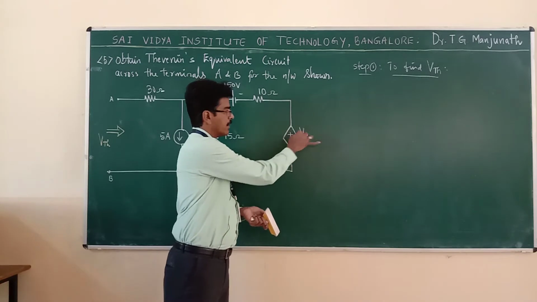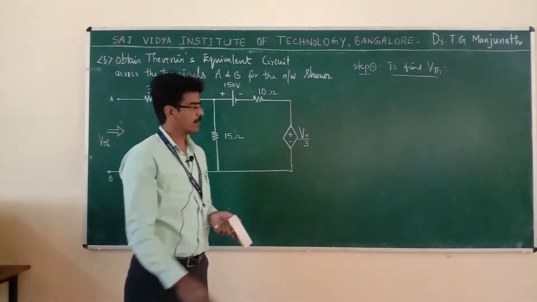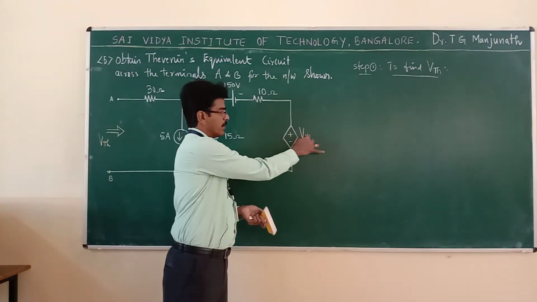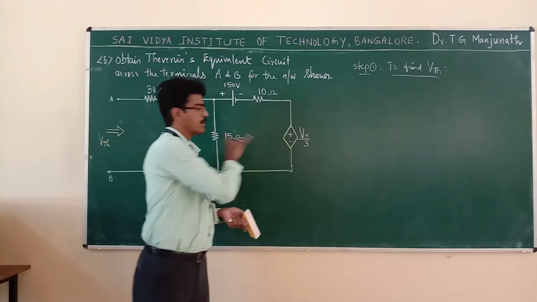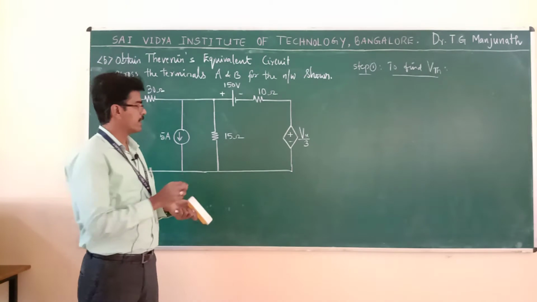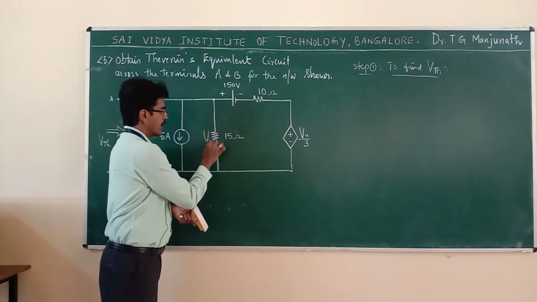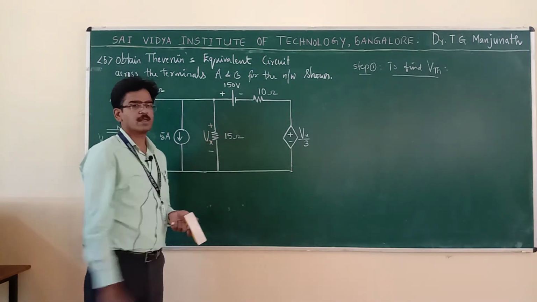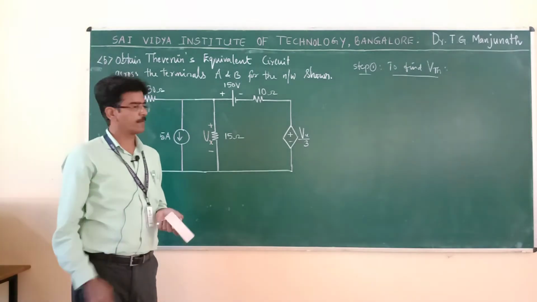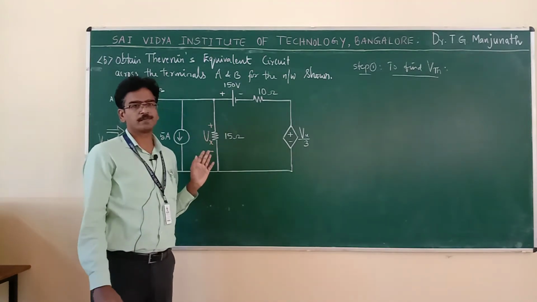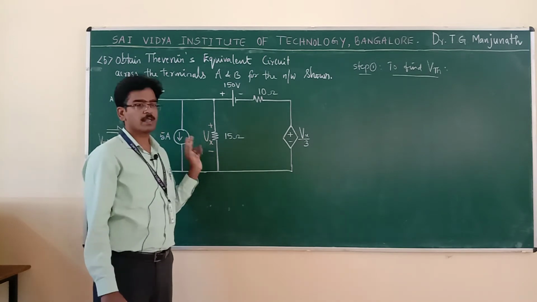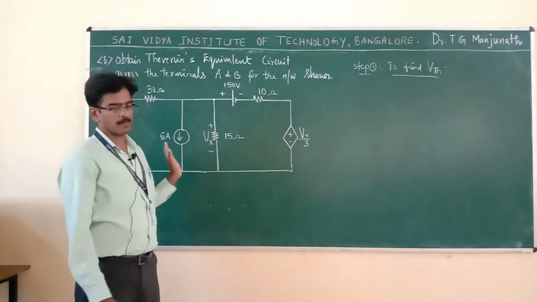It is depending on the voltage Vx, hence it is a voltage dependent voltage source. This dependent variable must be given in the problem. Actually it is given across the 15 ohm resistor with the polarity shown. If this is not given, you cannot solve the problem.